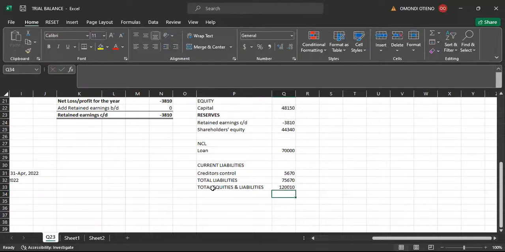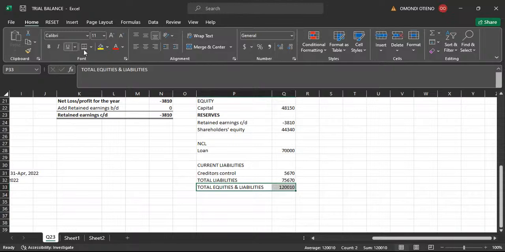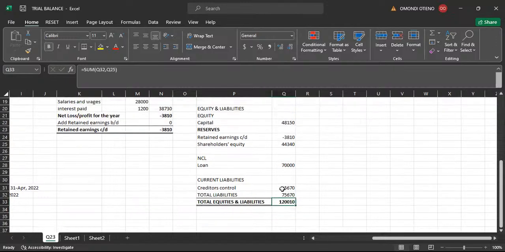If I add that, I should be able to get total equities and liabilities, which becomes the balancing figure under this section.